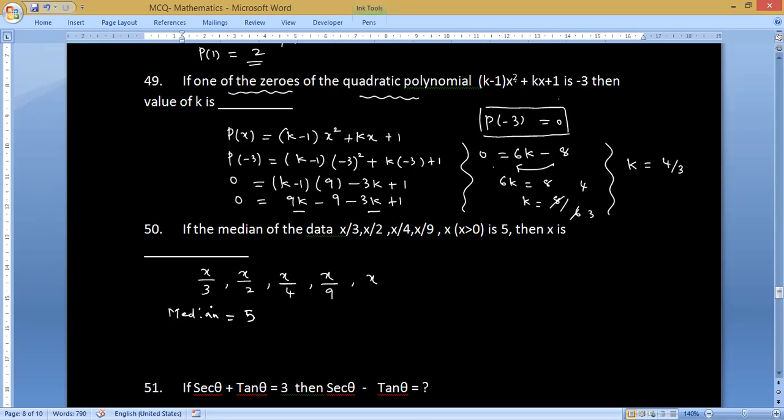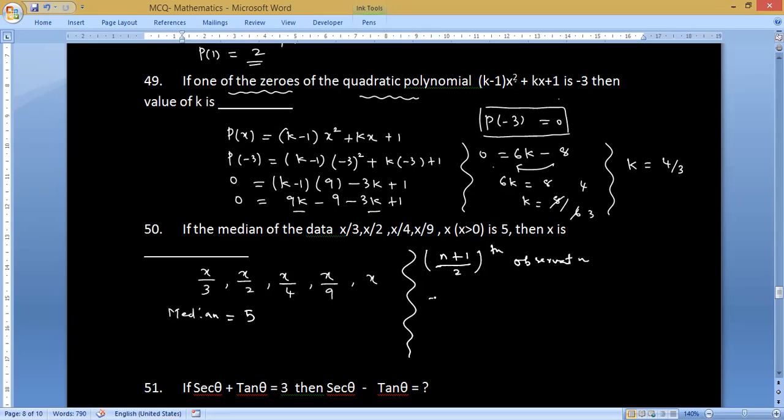So total how many observations are given? 1, 2, 3, 4, 5. According to the formula, the (n plus 1)/2th observation is the median.